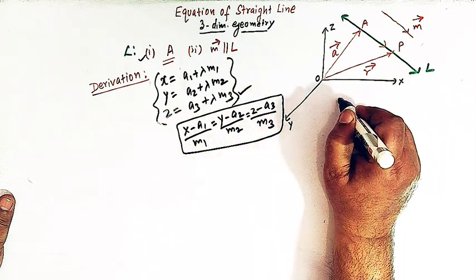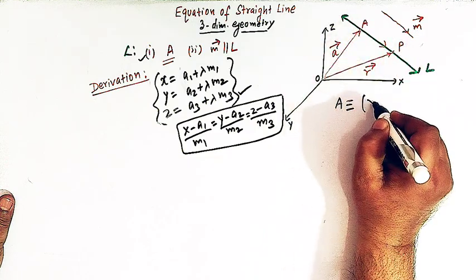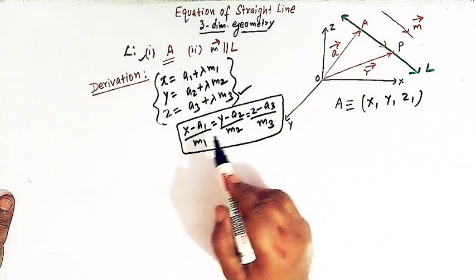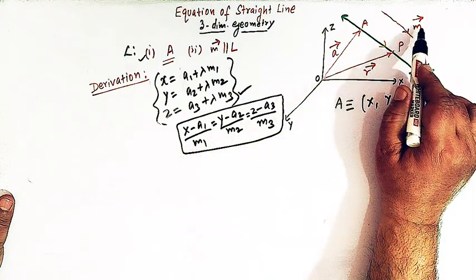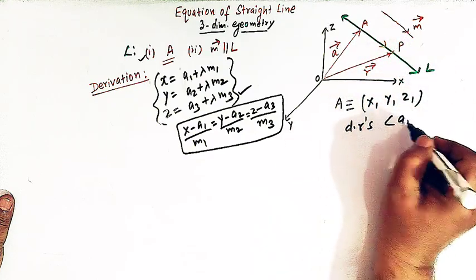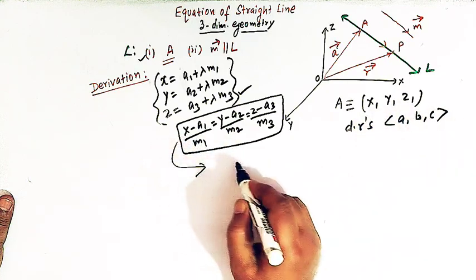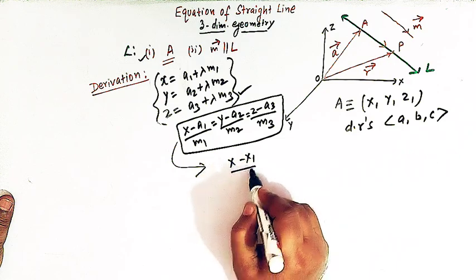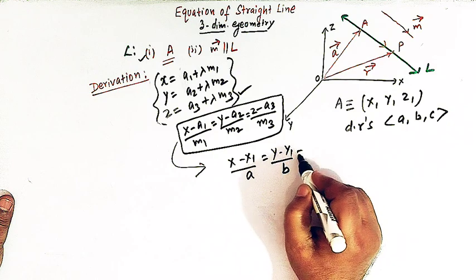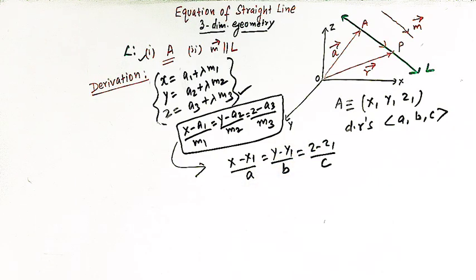If we take the coordinates of this point A as say x1, y1 and z1, and the direction ratios of this vector m as a, b and c, then this equation can also be written as x minus x1 over a, equal to y minus y1 over b, equal to z minus z1 over c.